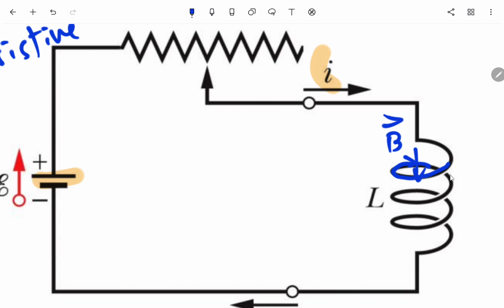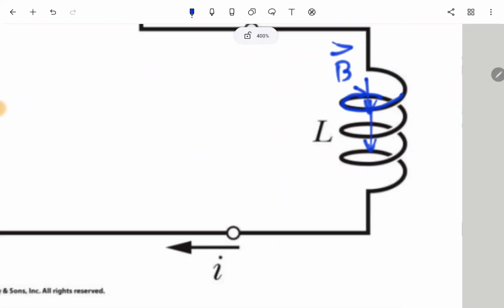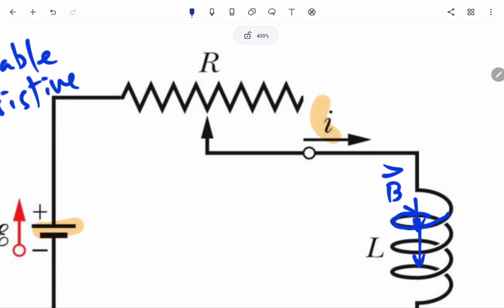This B field will go through the other loop, the second loop. Originally there is no B field, and now you give it a current, and it suddenly generates a B field. So the second coil will follow Faraday's law, because the magnetic flux through the second coil is increasing.